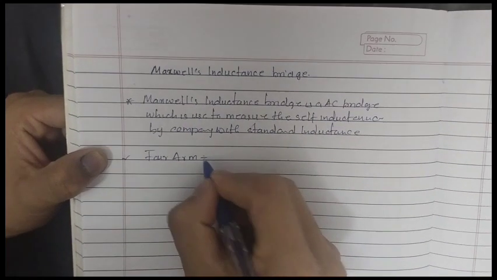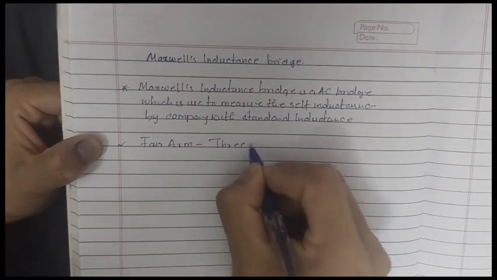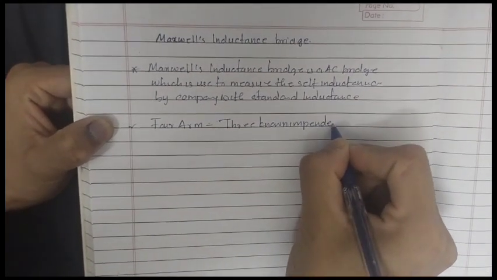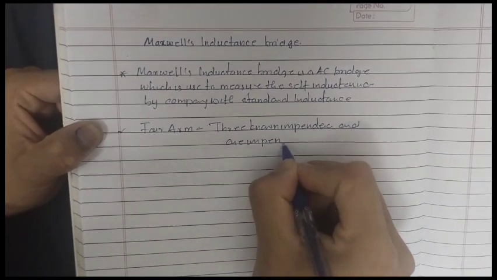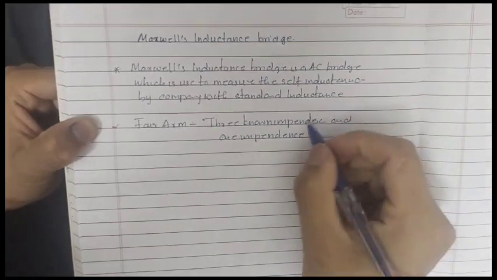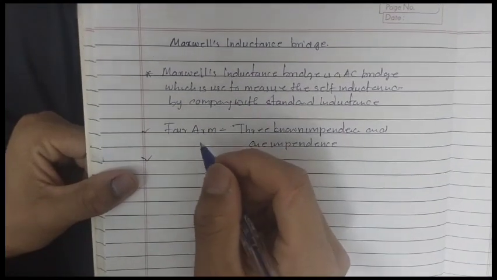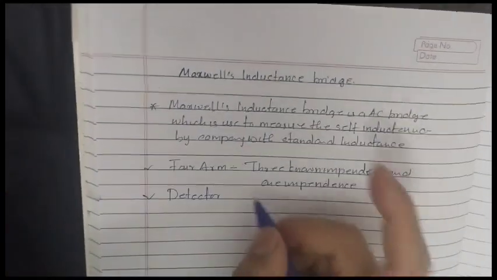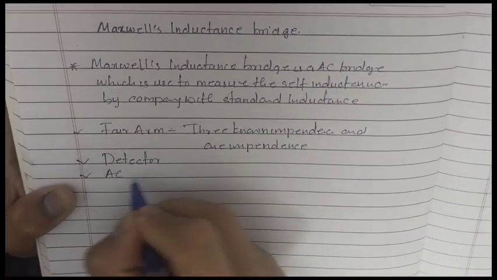Three of the impedances are known, and one impedance is unknown to us, and we have to find this one impedance. It also consists of a detector, which we use to check the balance condition, and an AC supply.